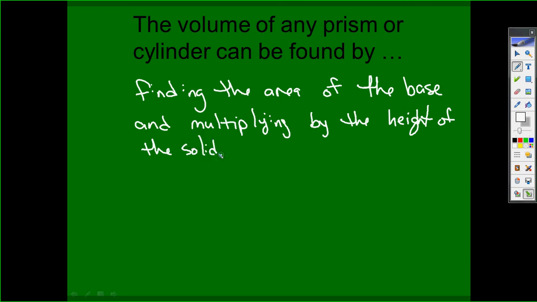So I'm going to look at this solid, I'm going to find the base. I'm going to find the area of the base. I'm going to take that area and multiply it by the height of the solid.